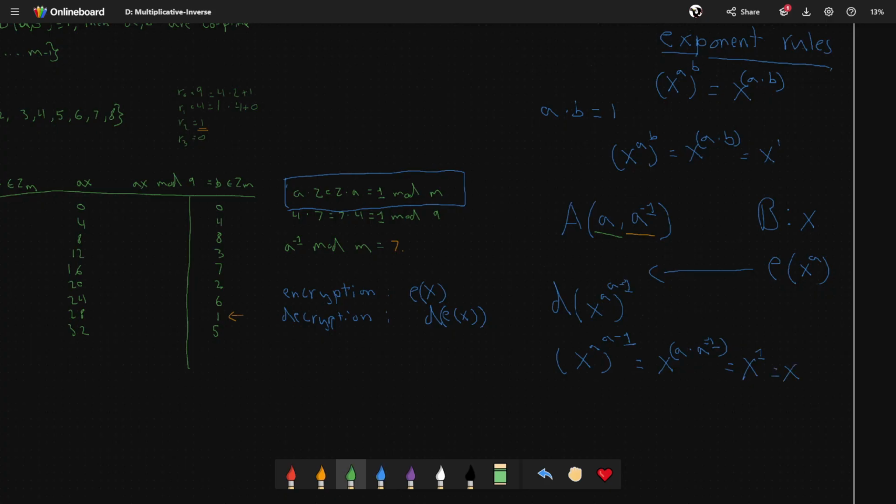In that way, Bob will have taken his message x, encrypted it, and sent it to Alice. She used her knowledge of the multiplicative inverse and the original value a to decrypt x by going through the steps here. And now she has the message received from Bob.